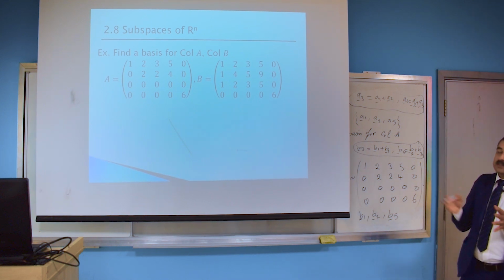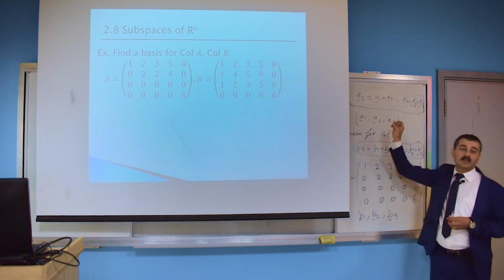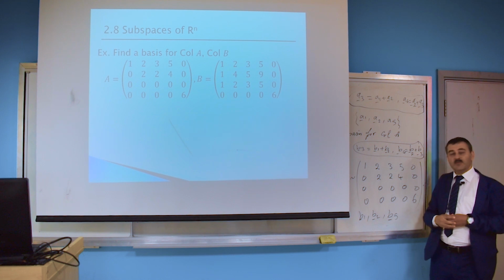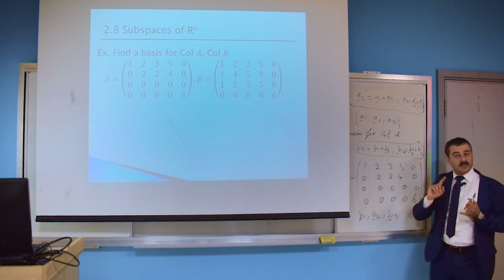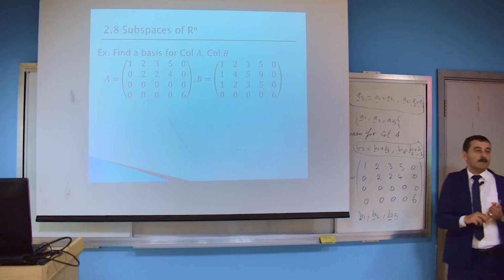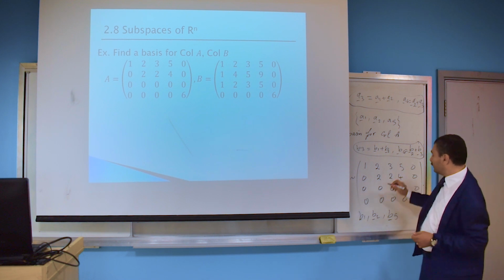When you have a large matrix full of numbers and you didn't find the relation directly, I want to find a way to get the basis for the column space. So first you'll do the reduction and then you'll take the columns corresponding to the pivot columns.